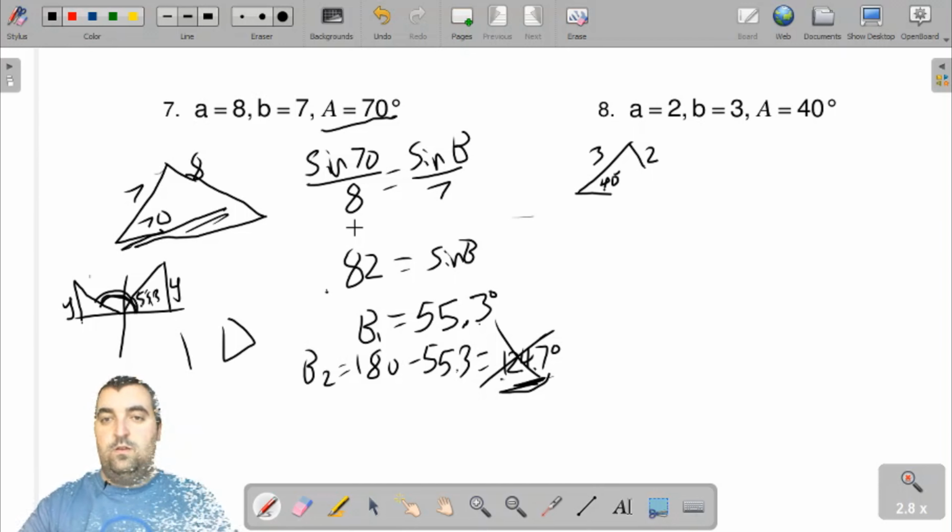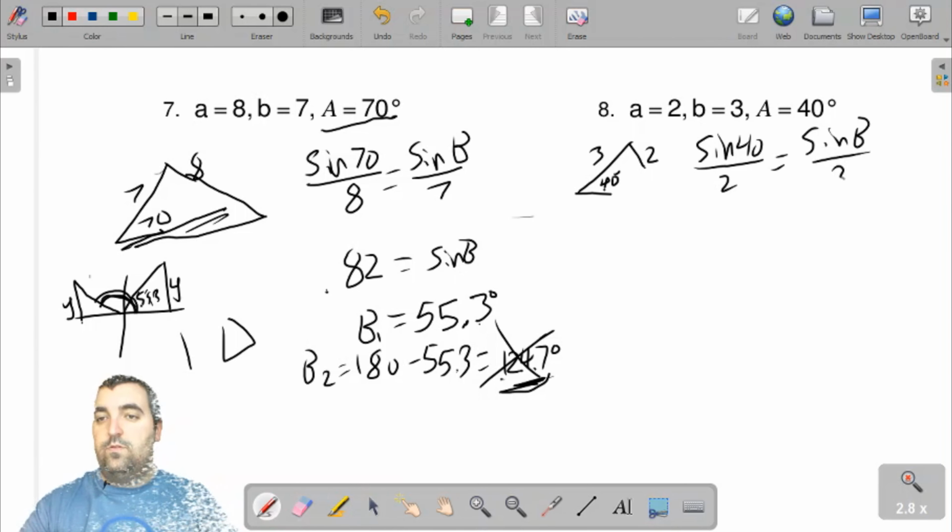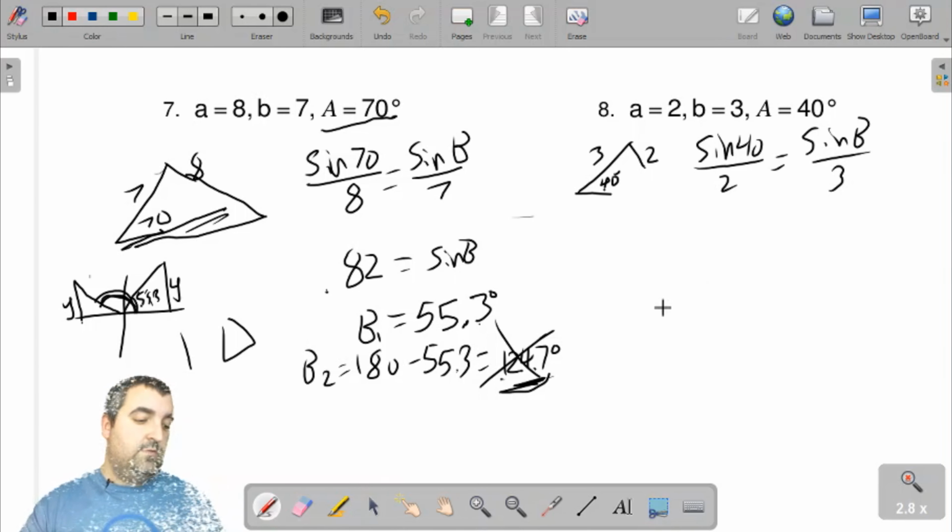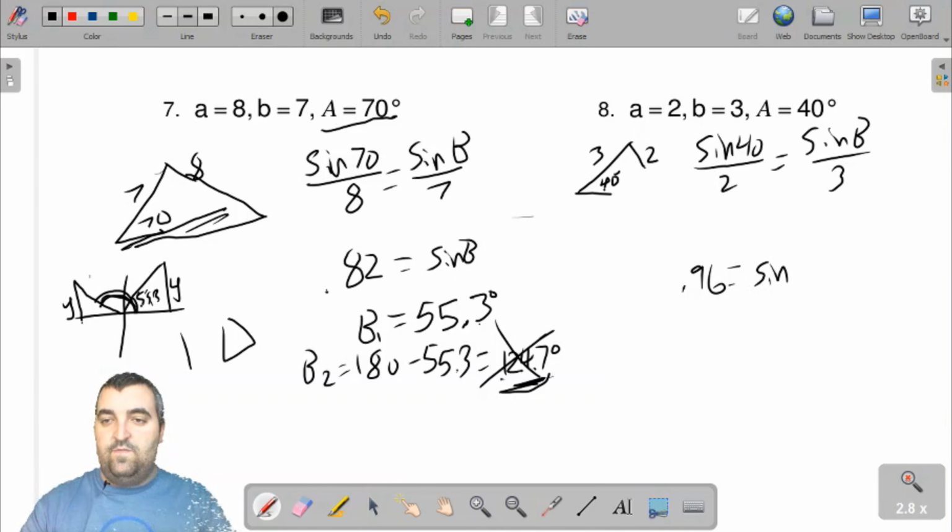So let's go ahead and do some work. So sine of 40 over 2 equals sine of B over 3. Multiply it out, so 3 times sine of 40 divided by 2 is 0.96 equals sine of B.